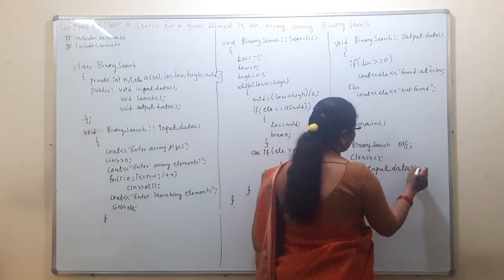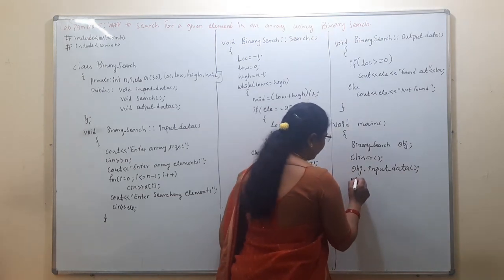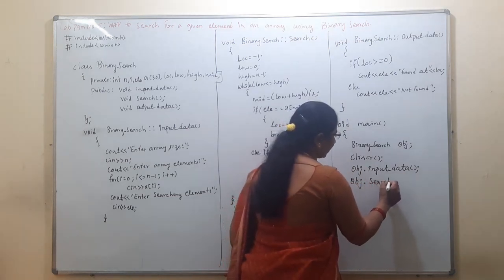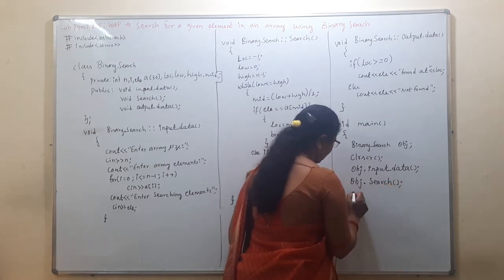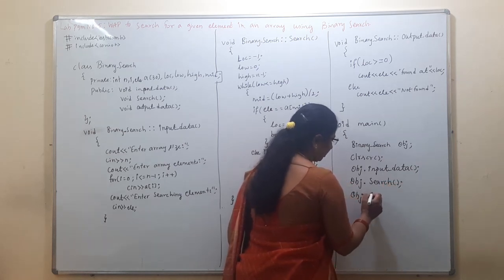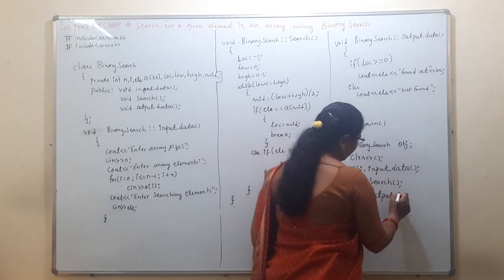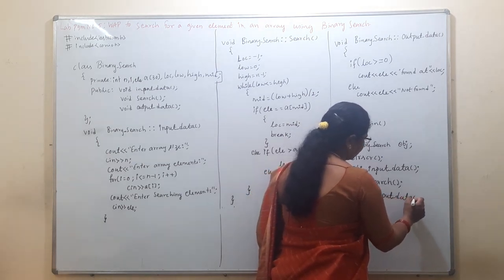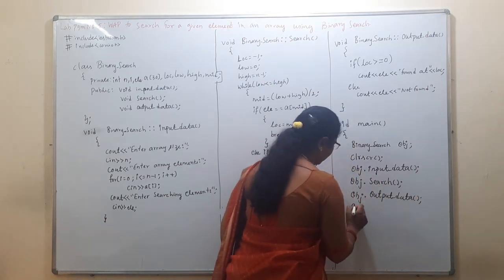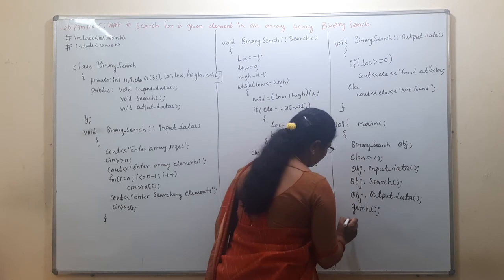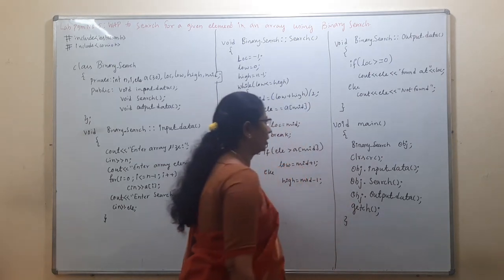Along with the object name with the dot operator: object dot input data, object dot search is the second function, then object dot output data. So three functions we are using. Getch to get the immediate output and end of your main.